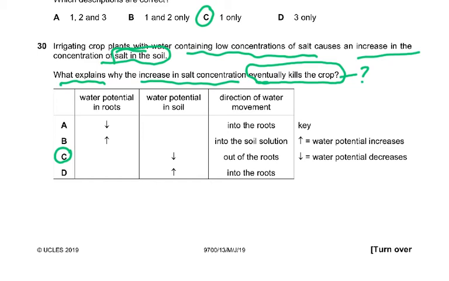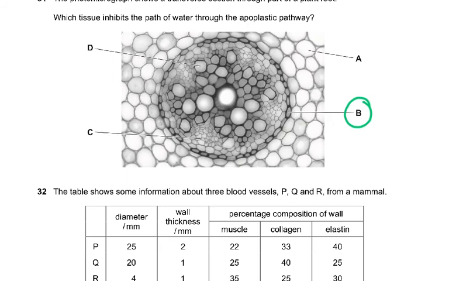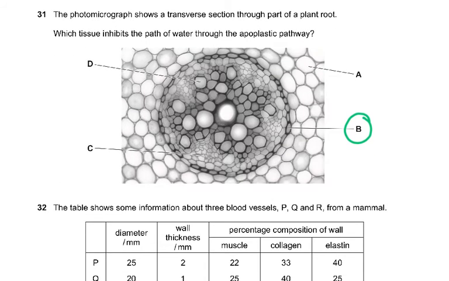So this was question 30. Now let's look at question number 31. The photomicrograph shows a transverse section through part of a plant root. Which tissue inhibits the path of water through the apoplast pathway?